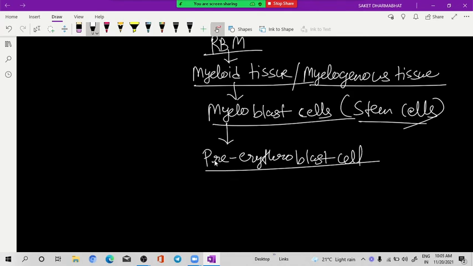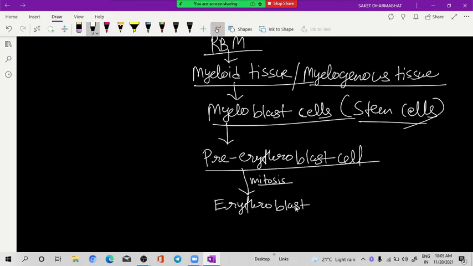Understanding or not? Red bone marrow, which tissue is present? Myeloid tissue. And it consists of cells, myeloblast cells. One type of myeloblast is pre-erythroblast cell, which is the mother of erythrocyte or RBC. This pre-erythroblast cell increases in number by mitosis cell division, and they form erythroblast.